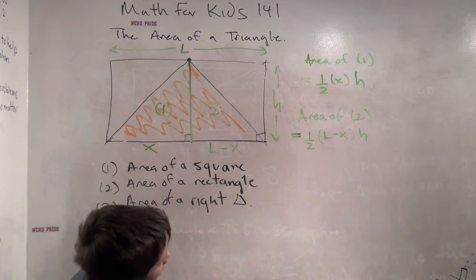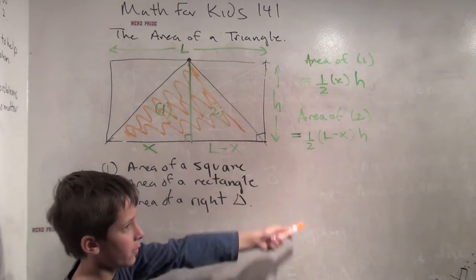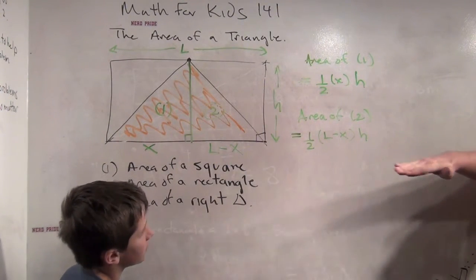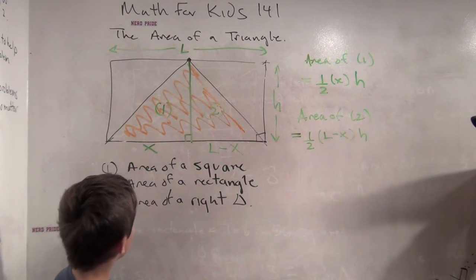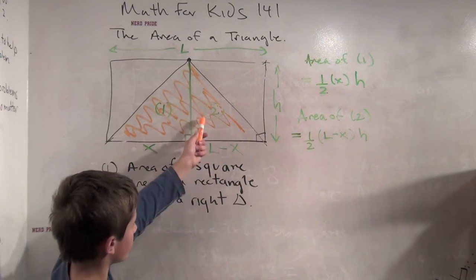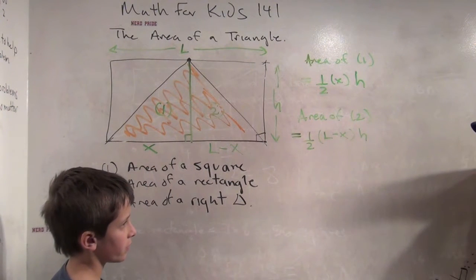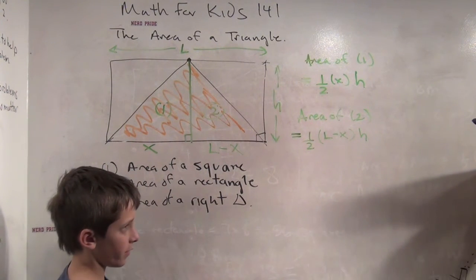Well, we can factor out a 1/2 of both. Well, what are we going to do to compute the area of the orange triangle? We're going to have to figure out what the area of the little triangles are. Okay, and then what? And then combine the areas. Add them together, right?